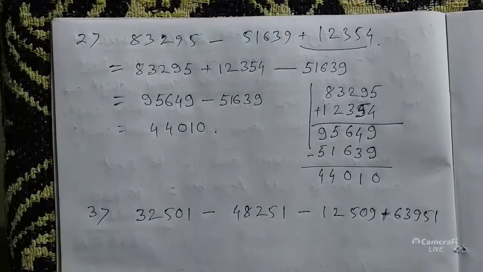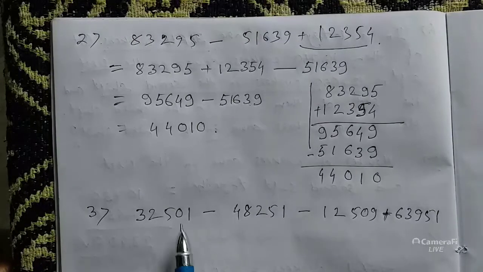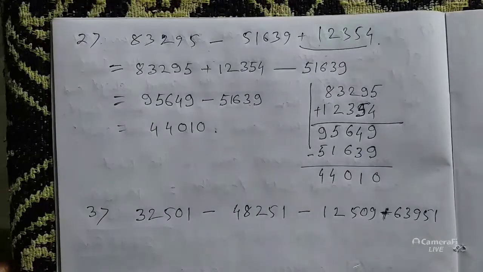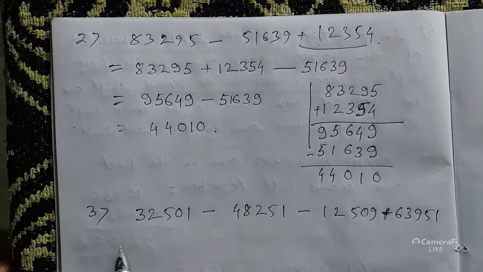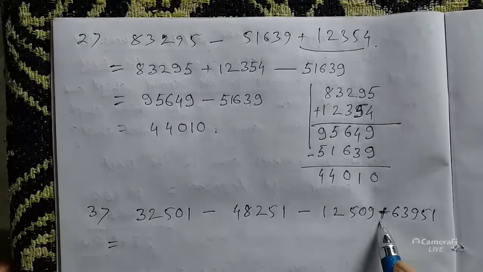Okay, so 4 numbers are given. First this minus this one plus this one. So first we have to arrange the addition, this one.